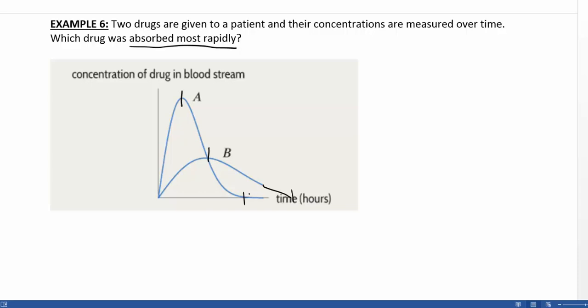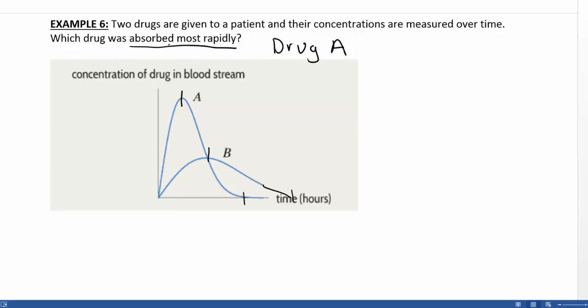So it leaves the body, it gets back down to 0. So that means that this drug was metabolized more quickly than drug B. It took less time to peak and get out of the body than drug B did, based on the shape of this graph, which is the rate at which the concentration is changing. So in this case, it's going to be drug A.